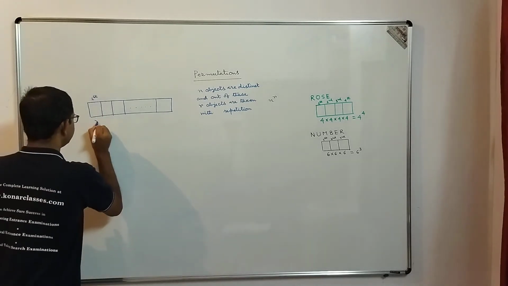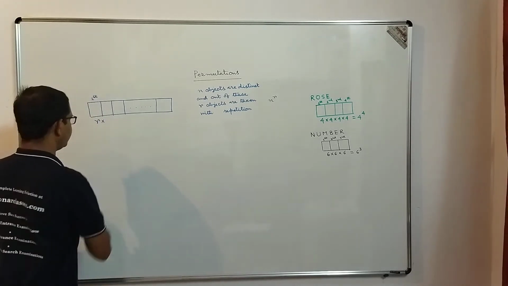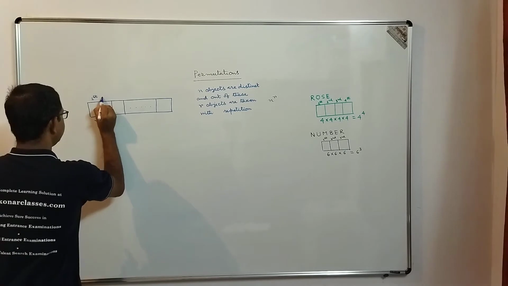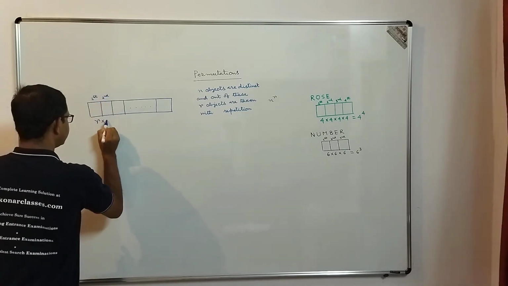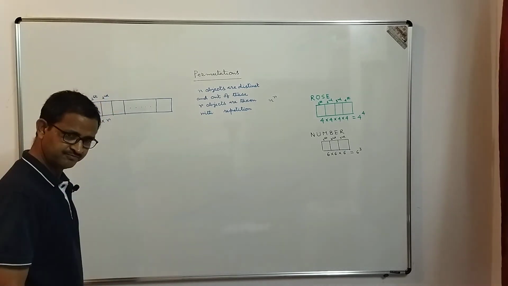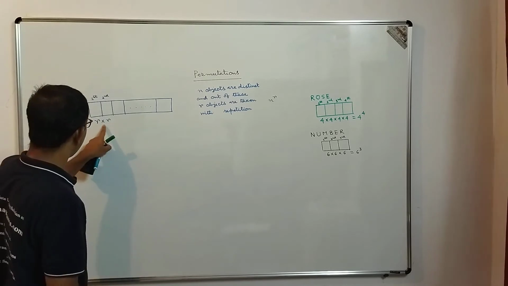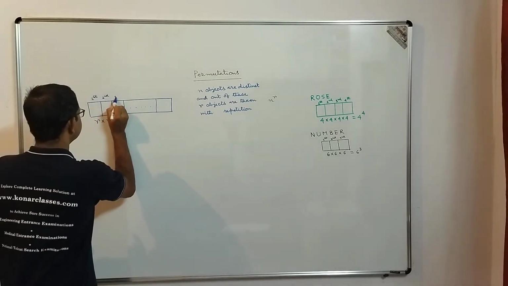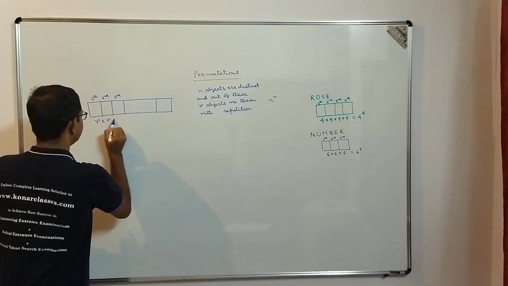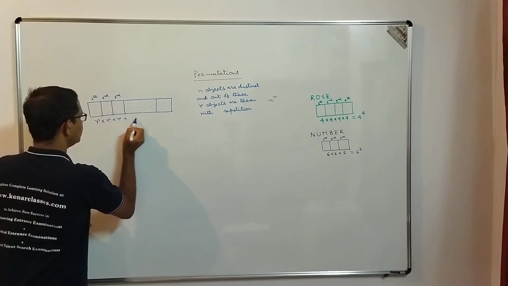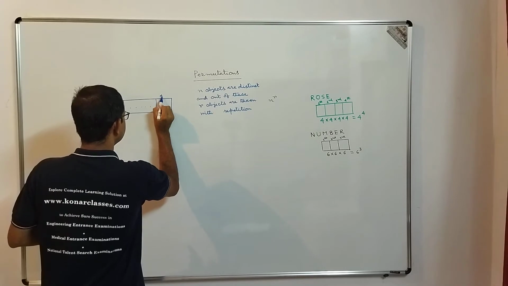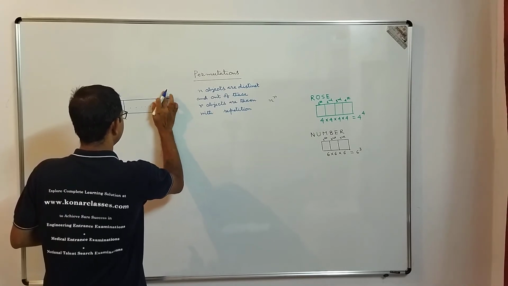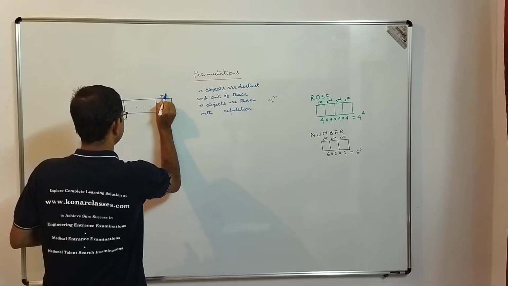For each of these ways, the second place can be filled in how many ways? So it will continue. And how many such places are there? This is the rth place.